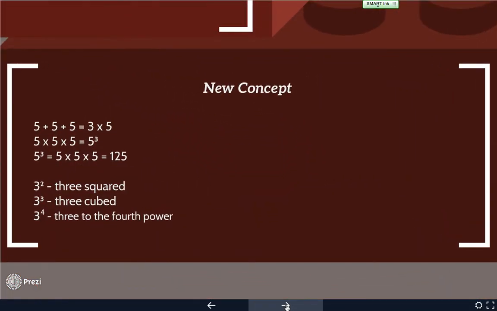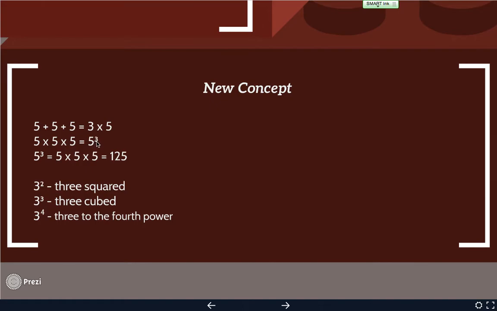Here's our new concept for today. Remember in our previous lessons, 5 plus 5 plus 5 can be marked as 3 times 5. Now we can do the same thing for multiplication, which is 5 times 5 times 5, using exponents. So if we wanted to change this to exponents, we would use a little 3 with a 5, and that tells us how many times we're multiplying it.